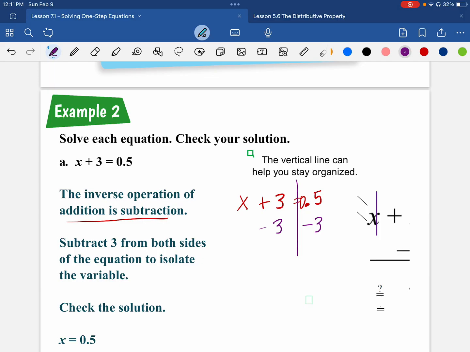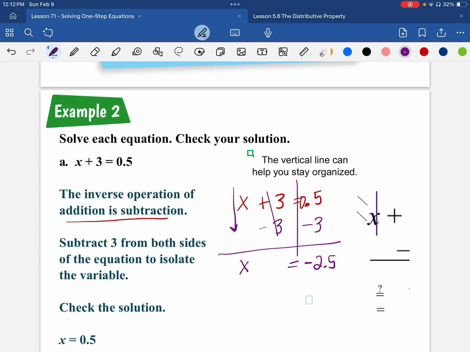And then you just kind of go straight down. So we have x, we didn't do anything to that, so it just stays there because there's nothing down here. Positive 3 minus 3 gets rid of it, because if I have 3 apples and then you take 3 apples from me, now I have 0 apples, so that gets rid of it. And then we have 0.5 minus 3. 0.5 minus 3 hopefully would get us to a negative 2.5.